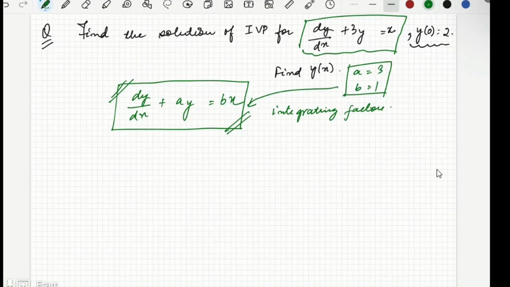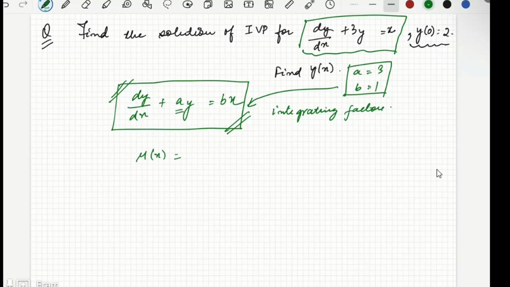So let's find a general solution for this type of ODE. To solve that, we need to find the integrating factor. Let's call it mu of x.